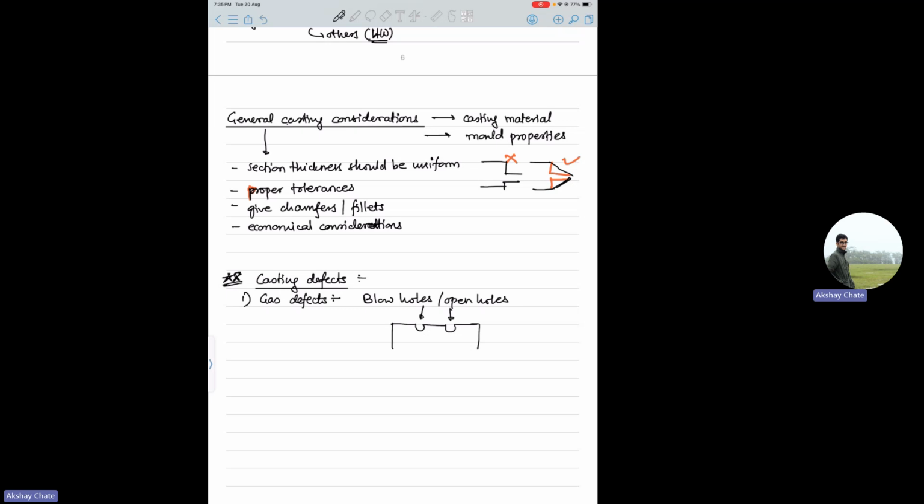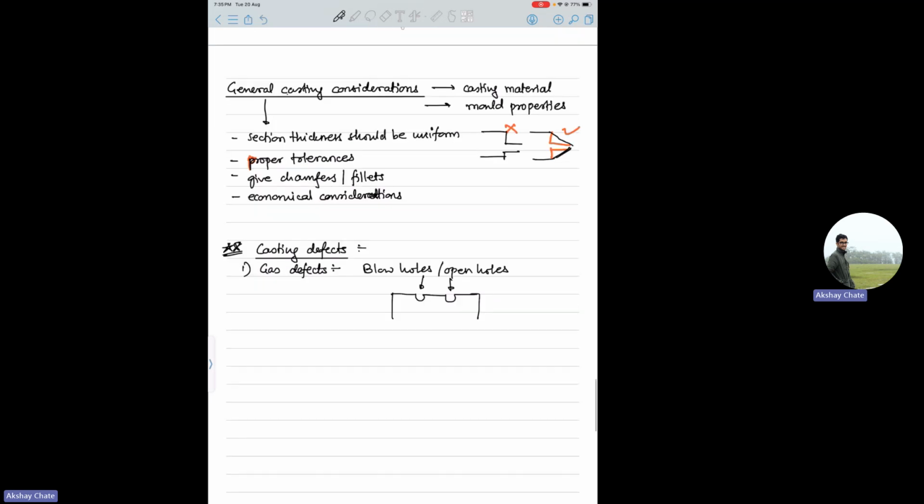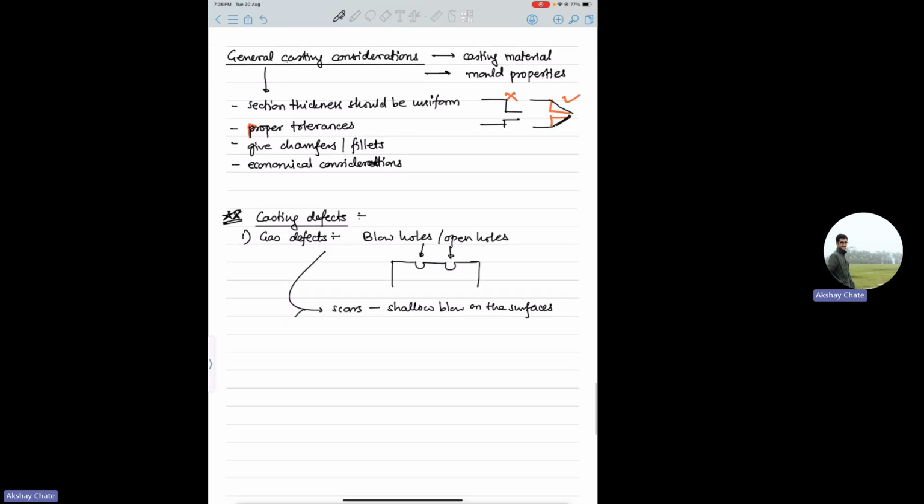And sometimes this is also called scars. It's basically a shallow blow on the surface. I'm just giving you the names because many times they just give you the name and you're supposed to know. Then there is something called blisters.